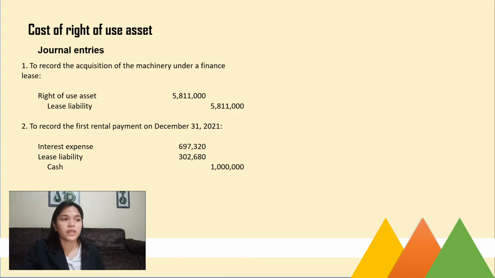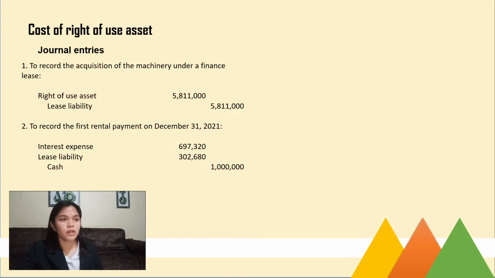Second, to record the first rental payment on December 31, 2021. We debit interest expense amounting to 697,320 na nakuha natin from multiplying the 5,811,000 or yung present value by 12%.